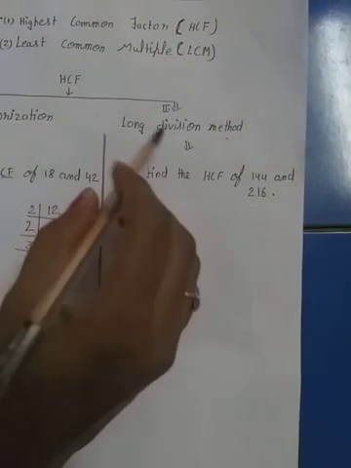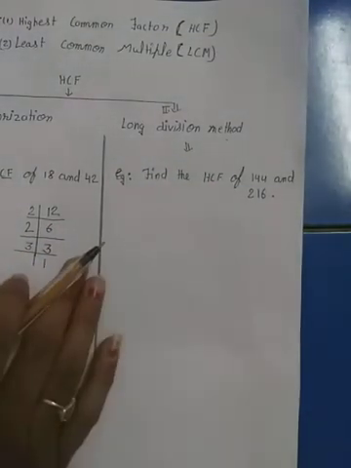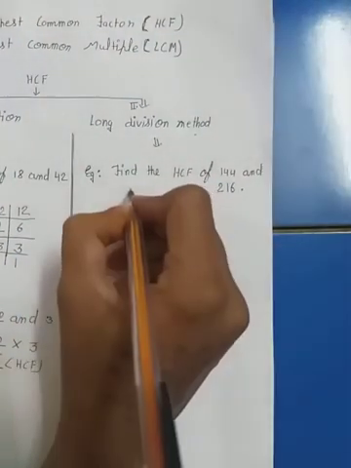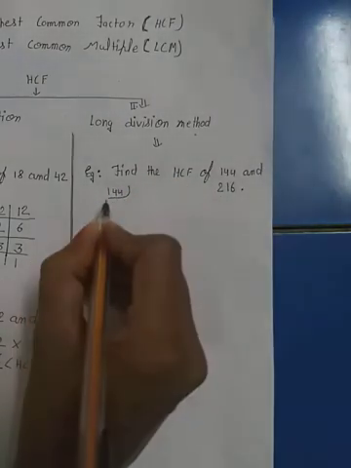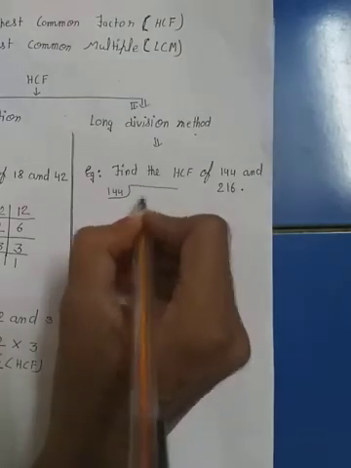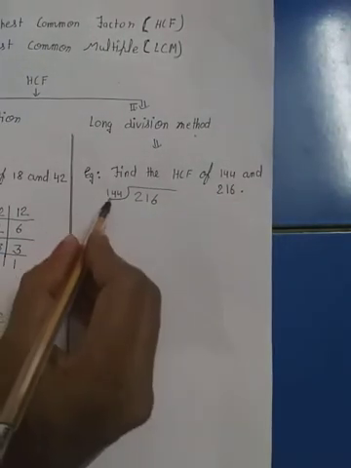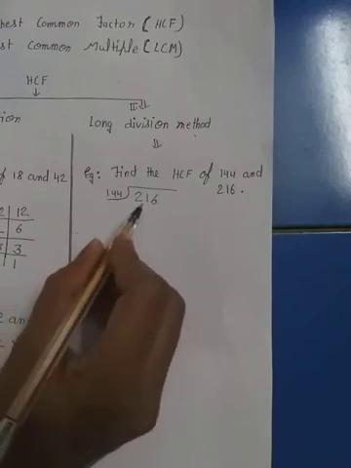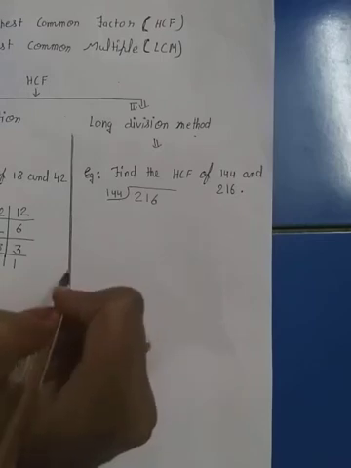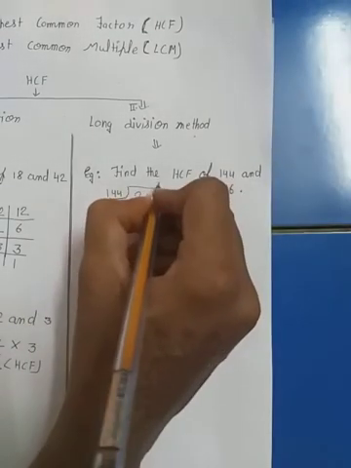We divide the greater number by the smaller number. We have 144 and 216. 216 divided by 144. How many times will we divide? One time.